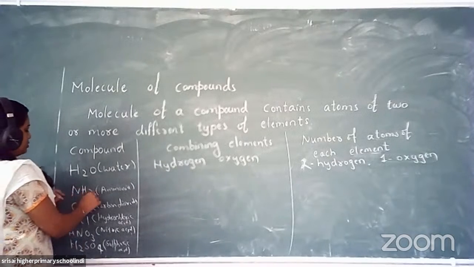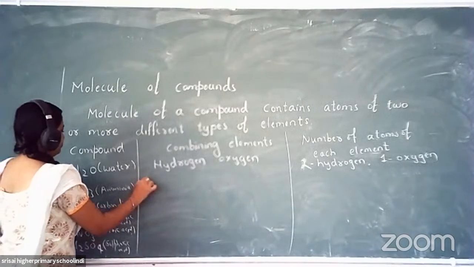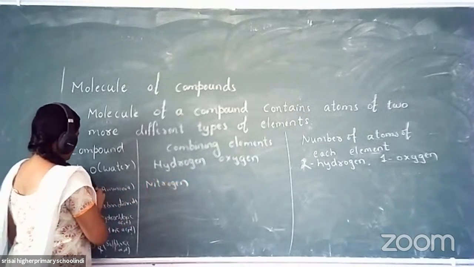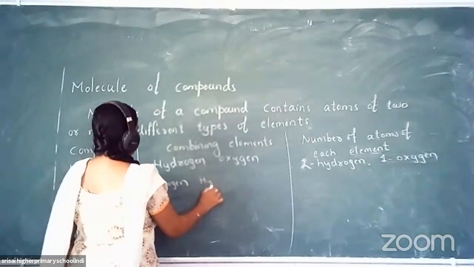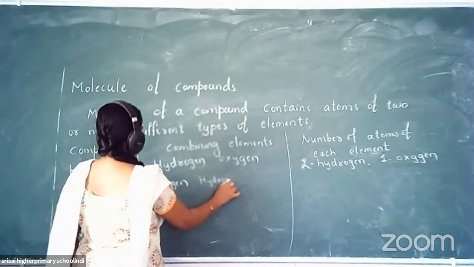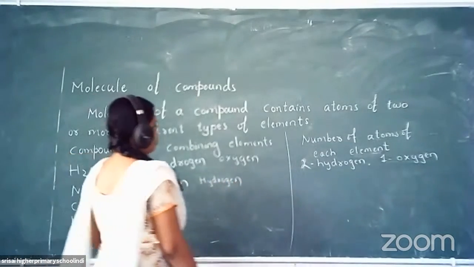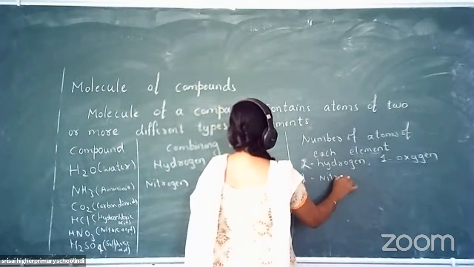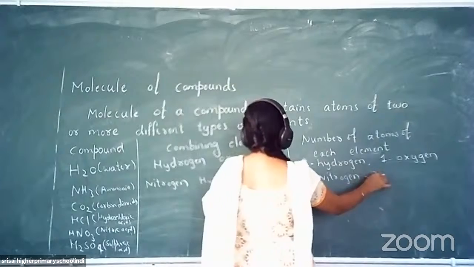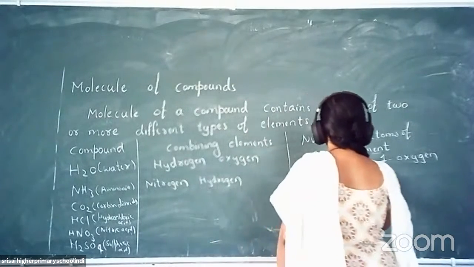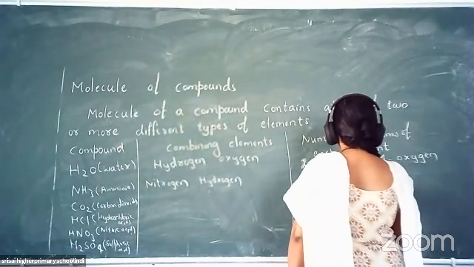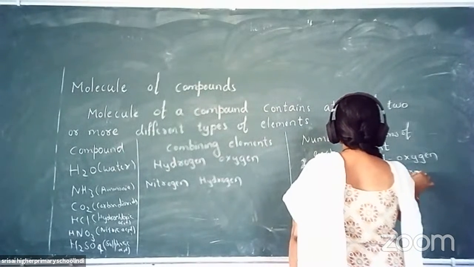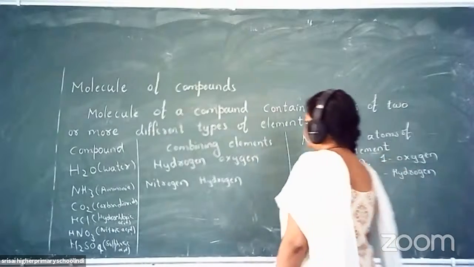So NH3: N means nitrogen and H means hydrogen. Two elements are there in this. N means only one nitrogen is there, and three hydrogen. The next is CO2.